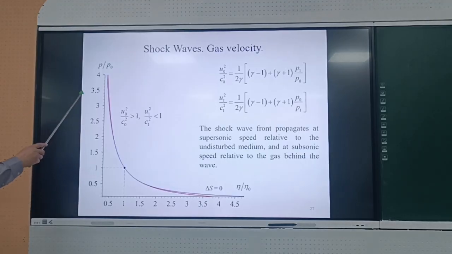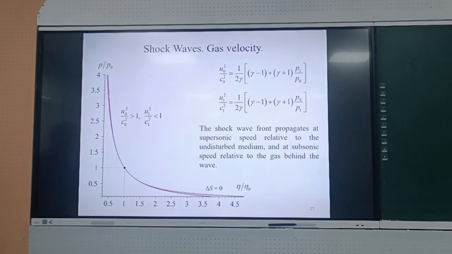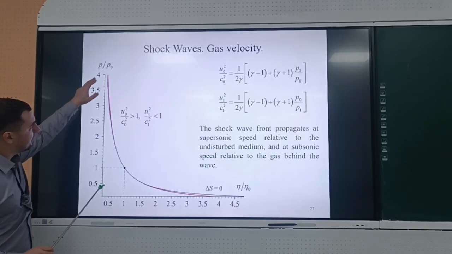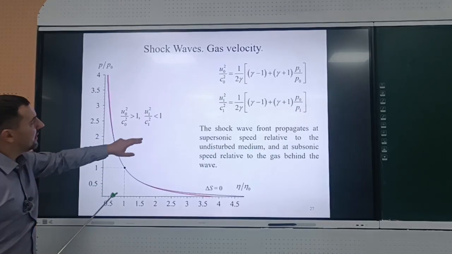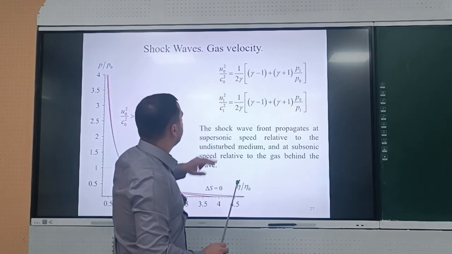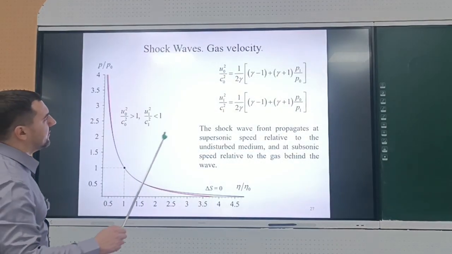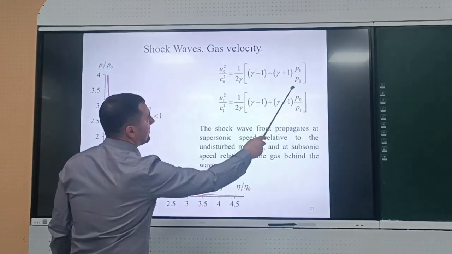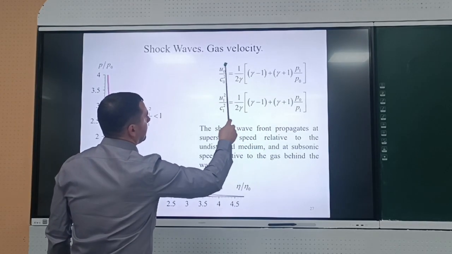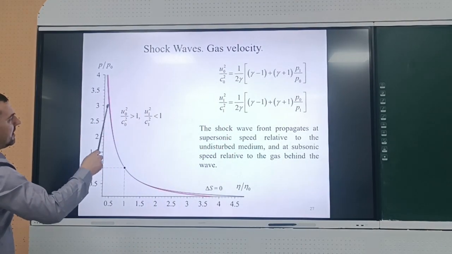Let's return to this P eta diagram. Here, P behind the shock wave is greater than P0, right? And we can consider this expression, u sub 0. If P1 is greater than P0, this is greater than 1, it means that u sub 0 over c squared is greater than 1.